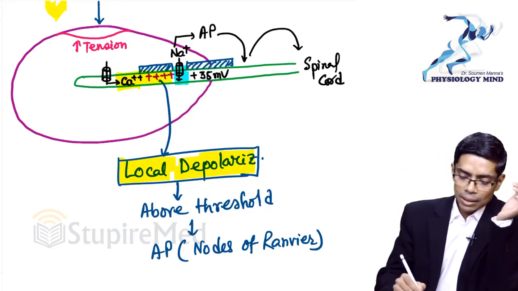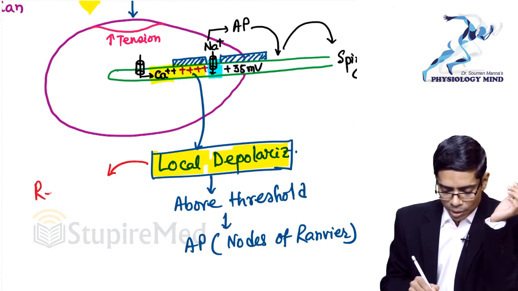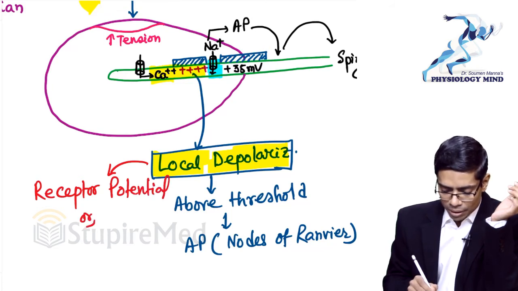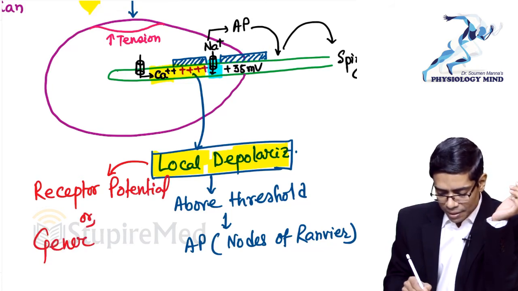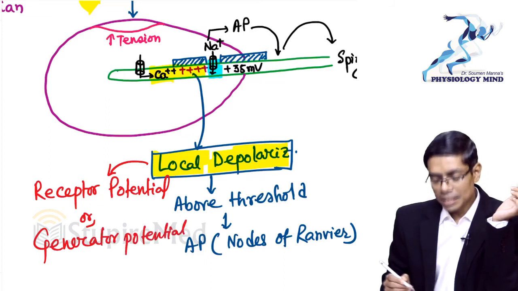That's why the local depolarization in these cases is known as receptor potential, or this is also known as generator potential. This was already asked in NEET exam.